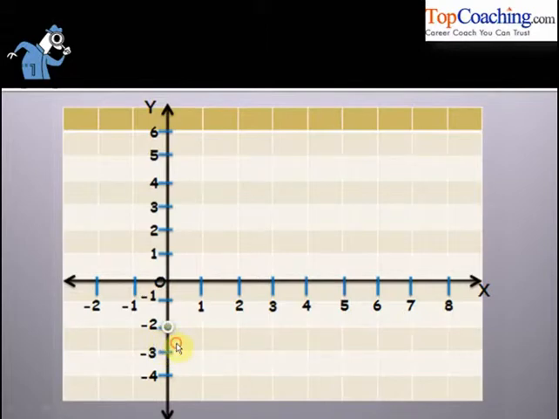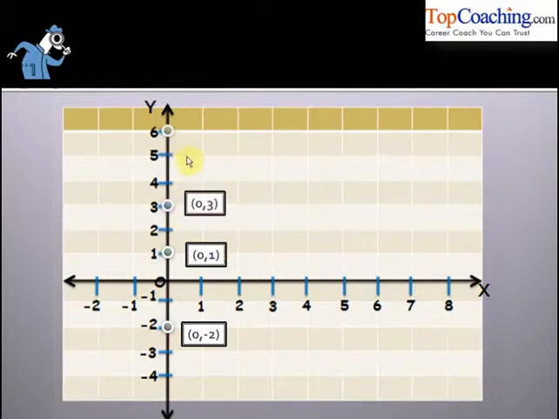Let us say that this is a point, the coordinates of which are (0, -2). Let's consider this point. What are the coordinates? (0, 1). For this point, the coordinates are (0, 3). And lastly, what are the coordinates of this point? The coordinates are (0, 6). So all these points lie on the y-axis.